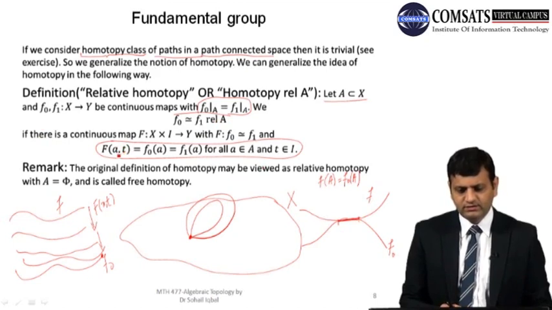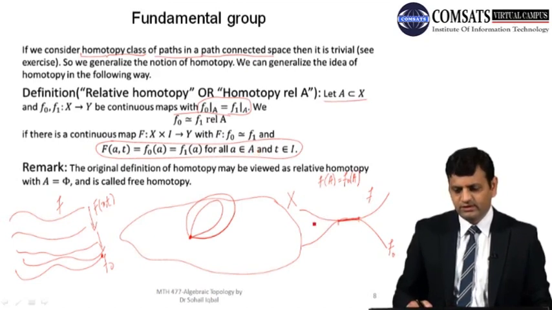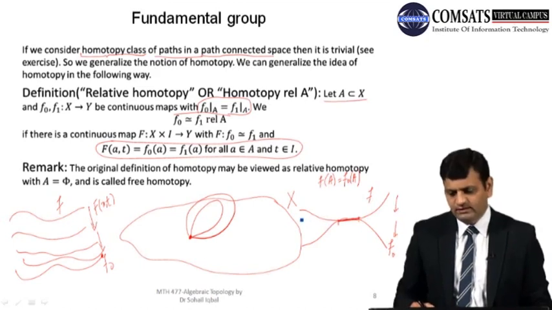And there is another condition on this homotopy, that for each and every t, its values are the same for all a belonging to capital A. So in other words, when we deform this F to F0, these are the intermediate functions, but the point is for each and every value of t, they are going to agree on the points of A. So let's say this is the function F of 0.5.